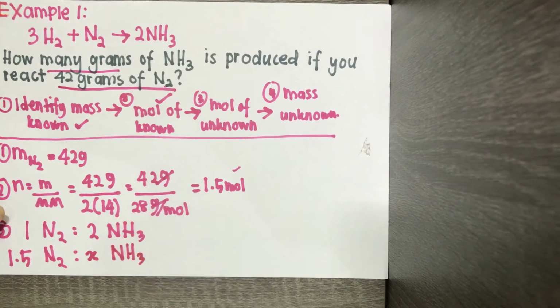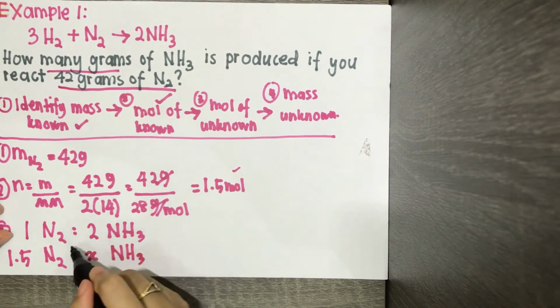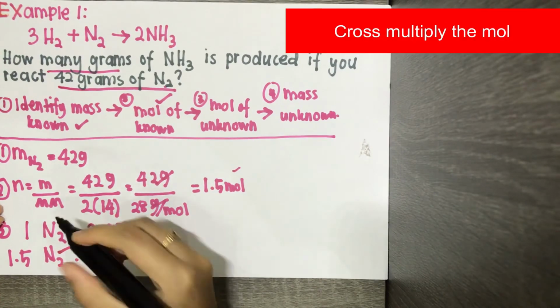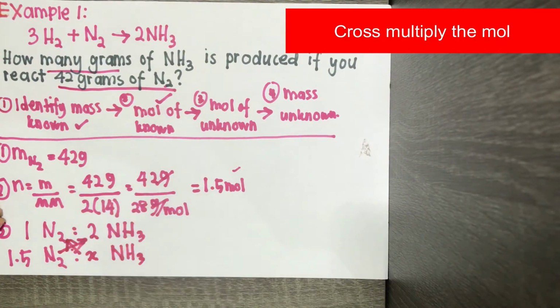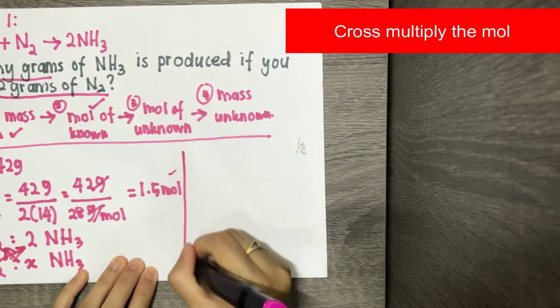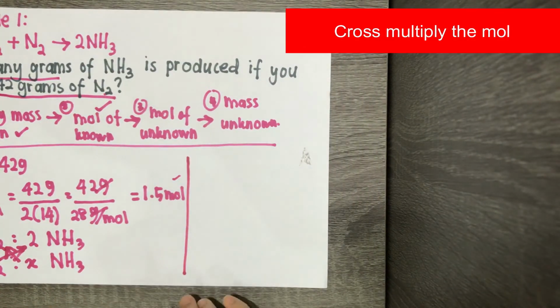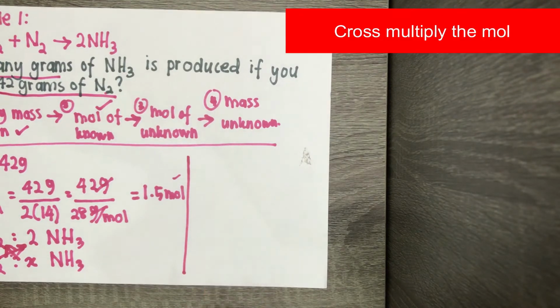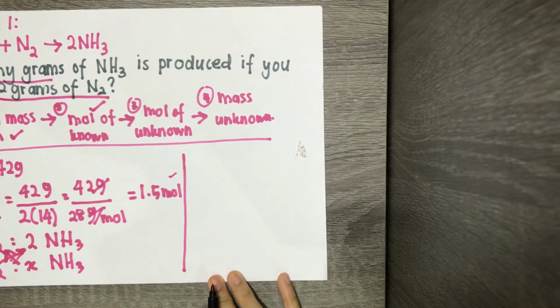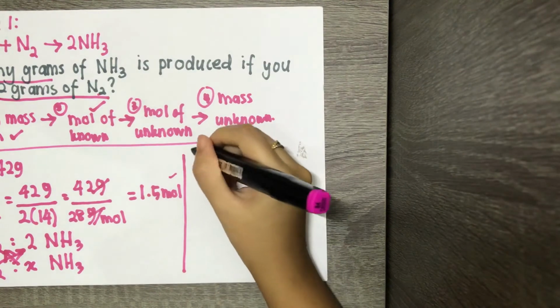Sampai sini, again you have to cross multiply. So apa yang you dapat adalah 1.5 times 2 is 3. 3 divided by 1 is 3.